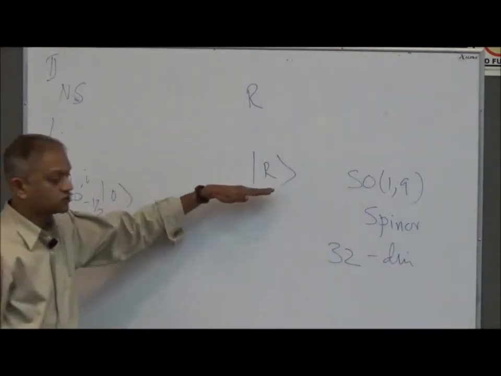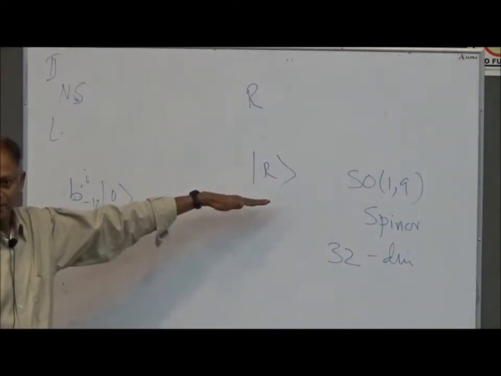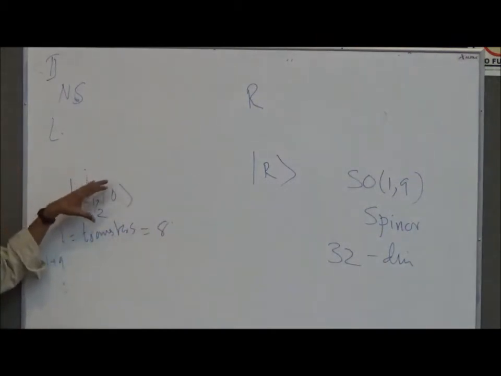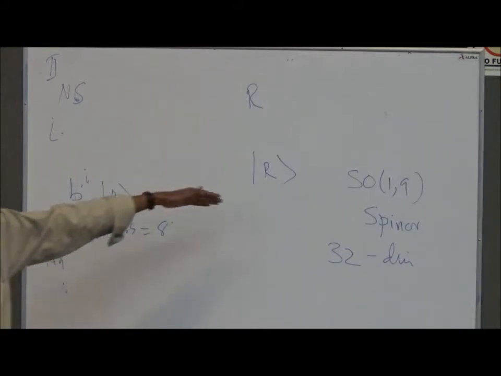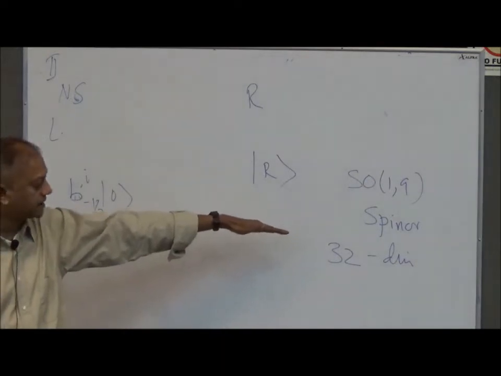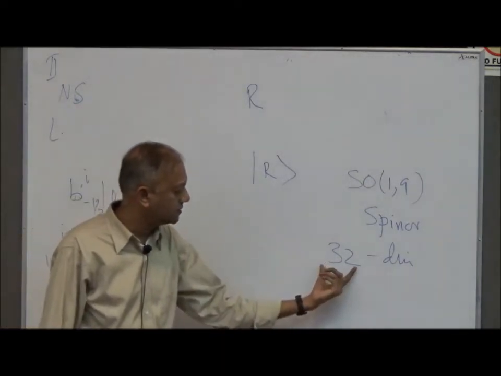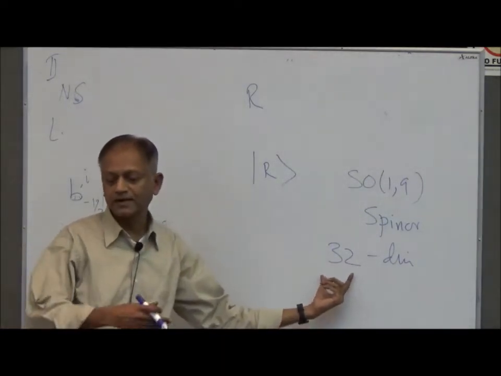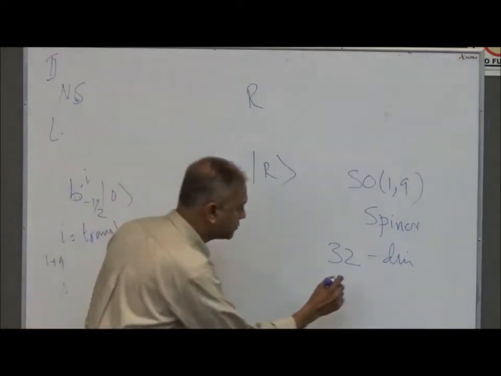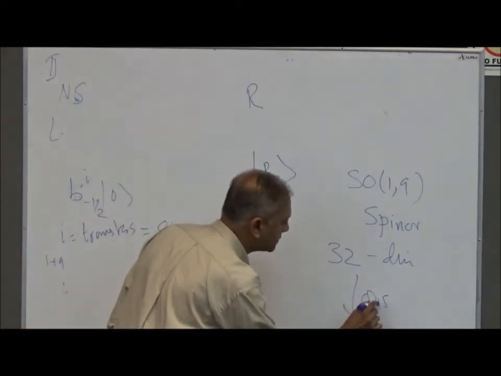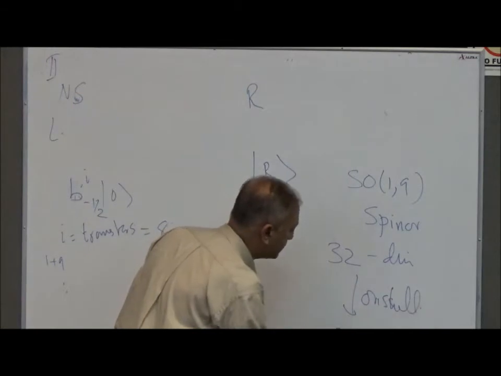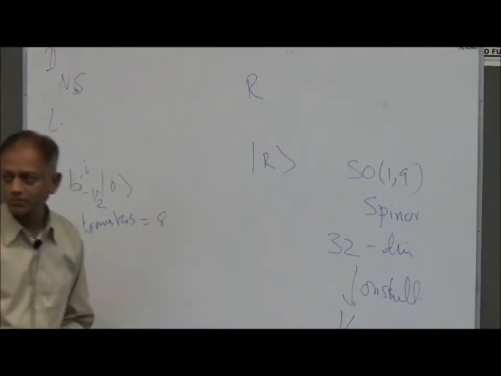These states are of course on shell. In string theory, whatever physical states you construct are on shell, which means, for example, in the bosonic case, they satisfy p² = 0. In the fermionic case, they have to satisfy the massless Dirac equation. So that will cut it down by half, from 32 to 16 components.